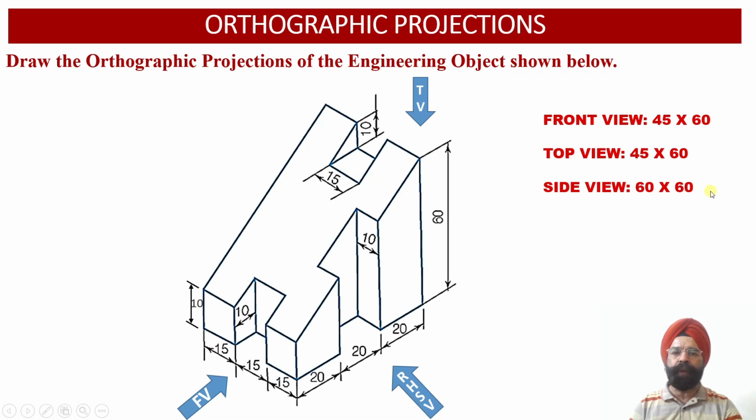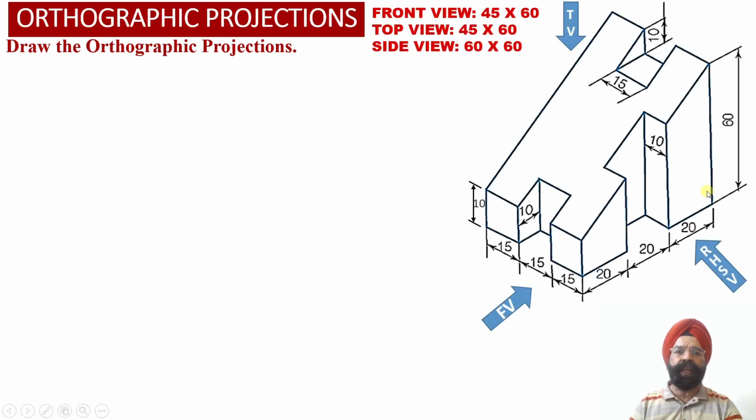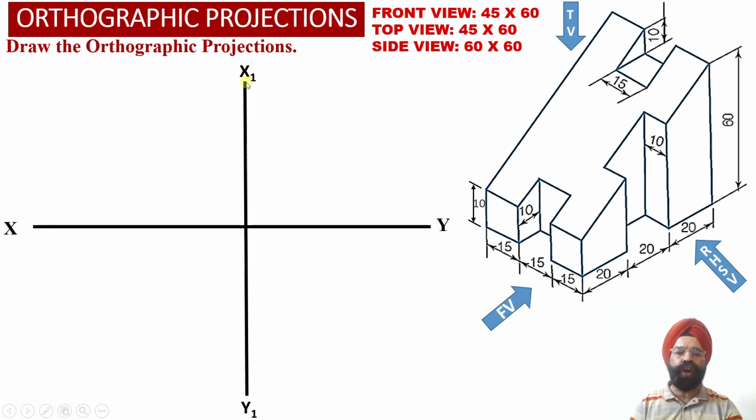So with this information, let us proceed to evaluate the orthographic projections of the solid. In order to obtain the orthographic projections, we have drawn the XY reference line. We have also drawn the X1, Y1 reference line, and we have obtained a transfer line originating from the intersection of the XY reference line and the X1, Y1 reference line.